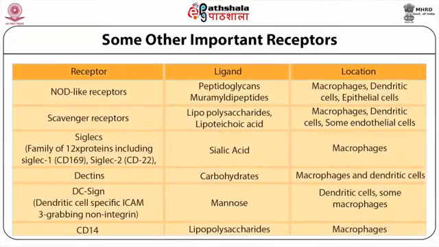Here are some examples of a few other important receptors. The cells involved in innate immunity display a very wide range of receptors with corresponding recognition of wide-ranging patterns on the cell surfaces of the pathogens. That makes sense because the cell surfaces of different pathogens are going to have a different composition of ligands. They will also have a different distribution pattern.